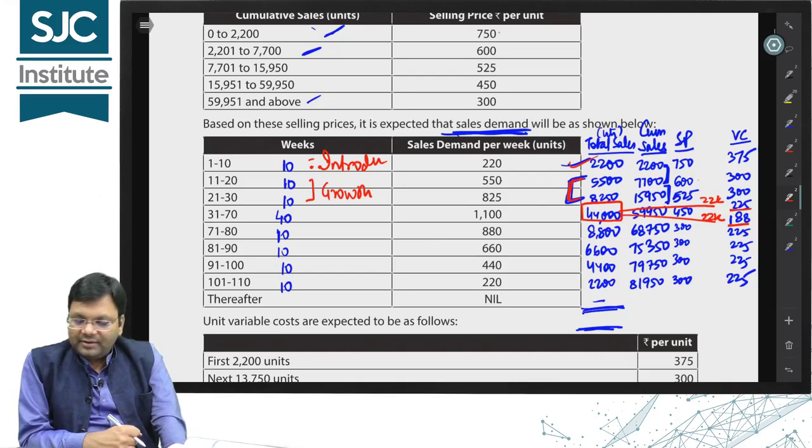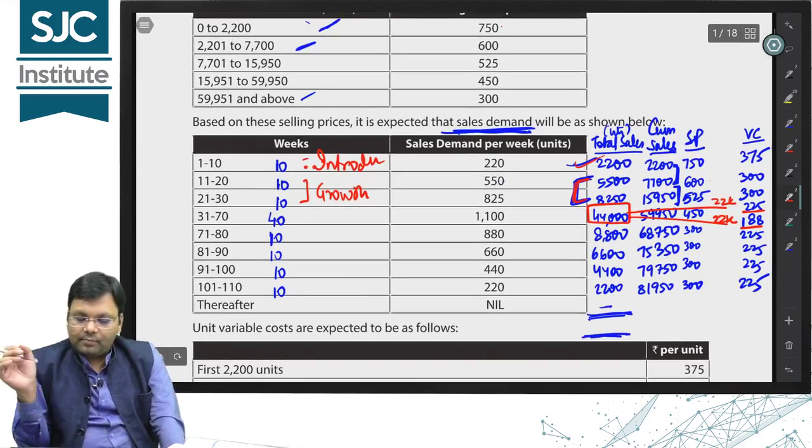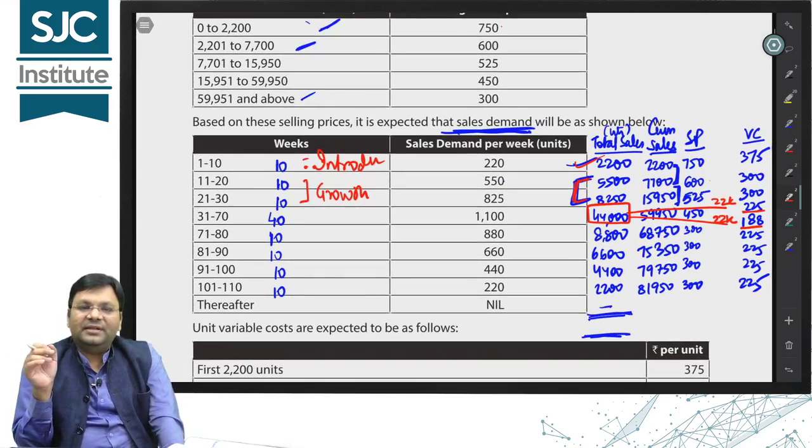So, where do you see maturity, from which period to which period? And where do you start seeing the decline?